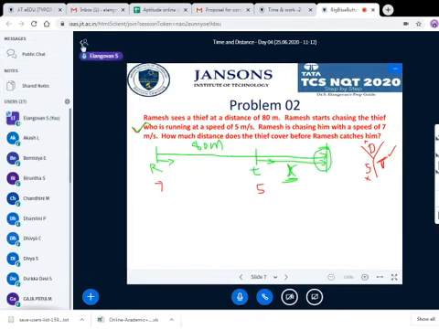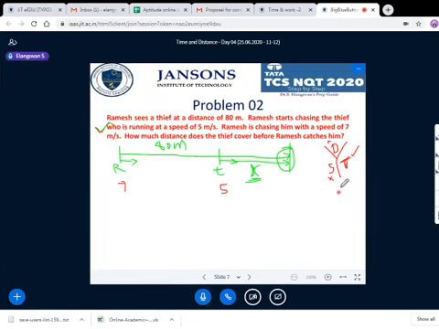So how the time is same means Ramesh started at one particular point and thief also started at one particular time, and both are running, and Ramesh catches the thief. So the time travelled by both the thief and Ramesh is same. So in that sense, time is same.